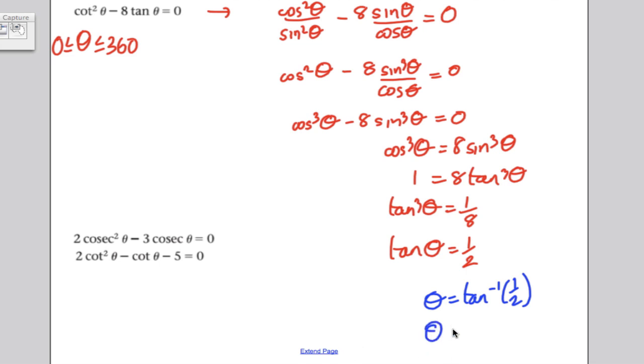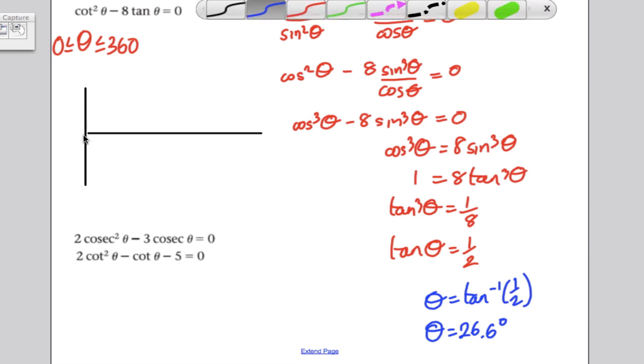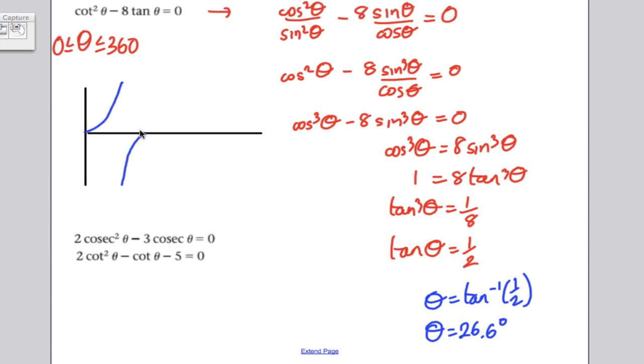So theta is 26.6 degrees, and then I would draw myself a graph and see all the other places where it must be true. So my tan theta graph looks something like this. That's 90, that's 180, 270, and 360. Where else would it equal 26 degrees? Well, there's 26.